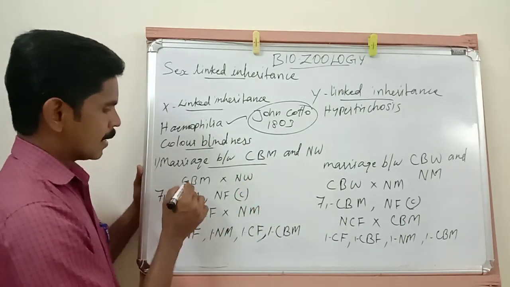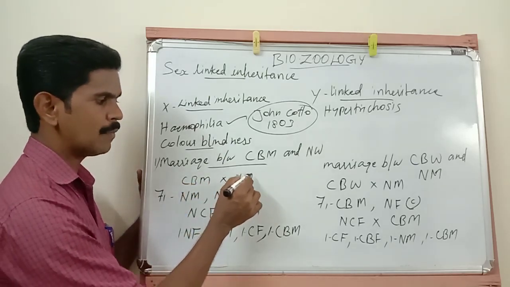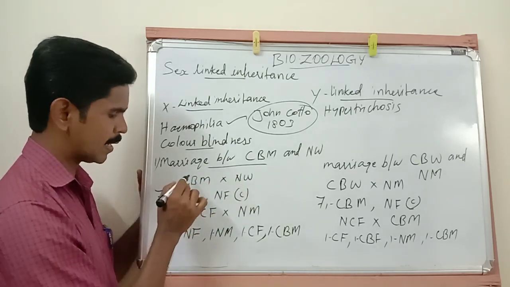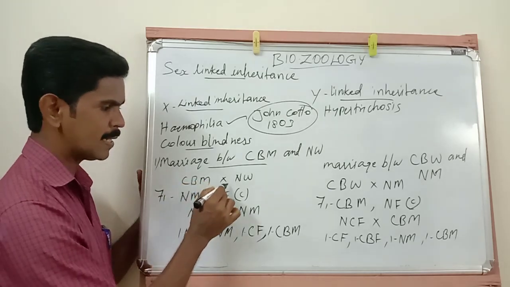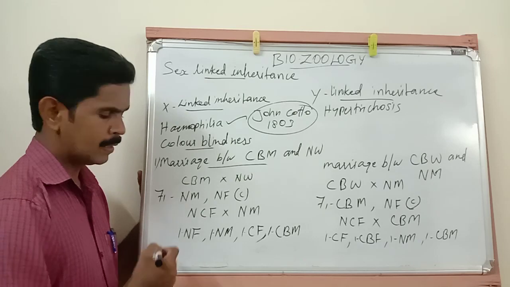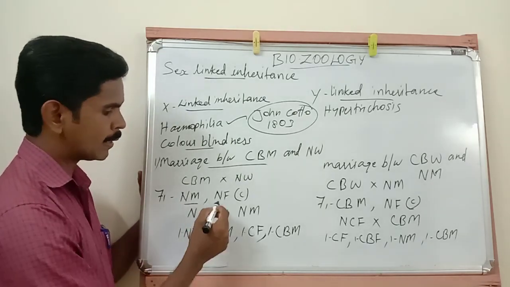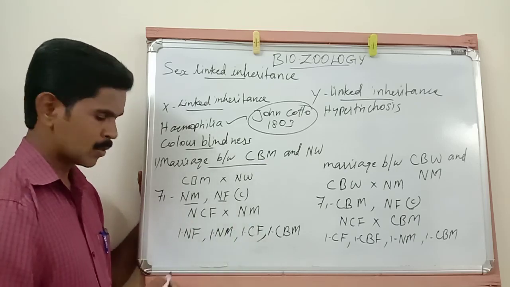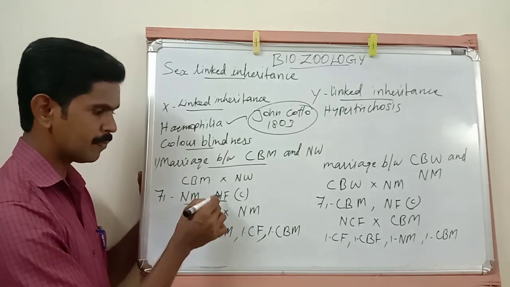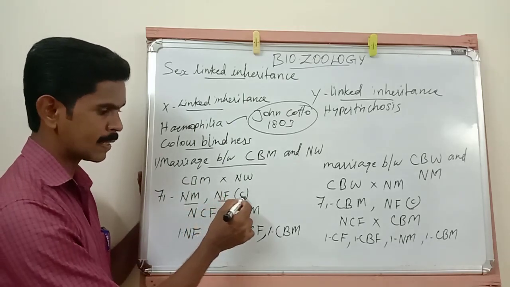See, when a color blindness man marries a normal woman, in the first generation the young ones may be a normal male or a normal female. So in the first generation, if a female baby is born to them, the female may be in carrier condition.